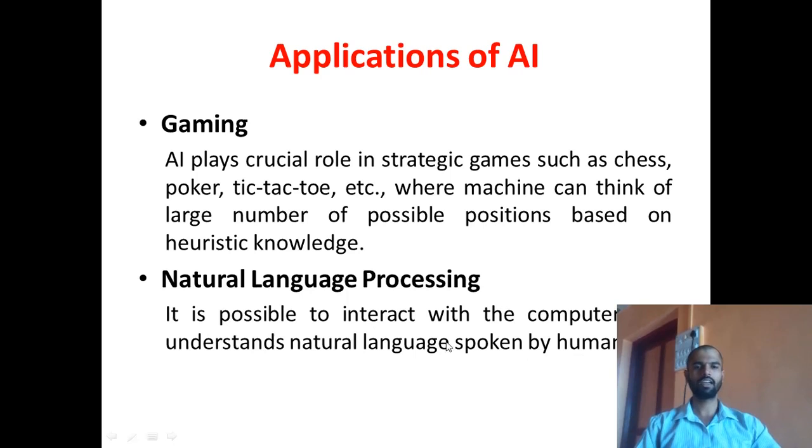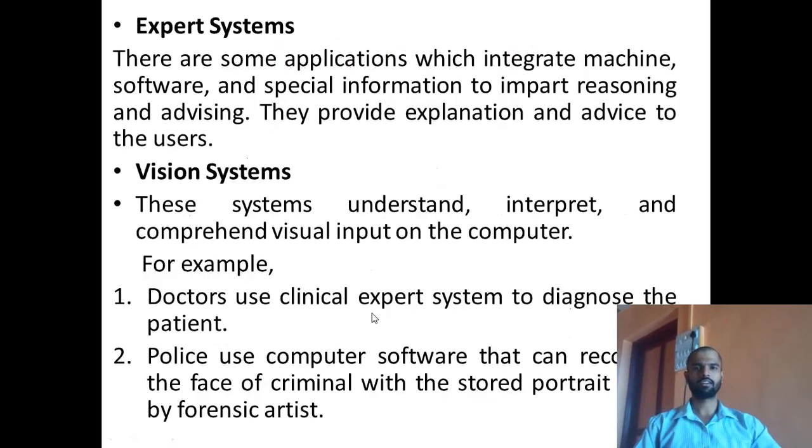Okay, that means we can interact with a computer that can understand human language. Third one is expert systems. There are some applications which integrate machine, software and special information to impart reasoning and advising. They provide explanation and advice to the user.